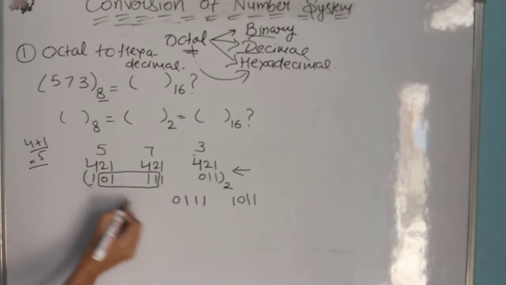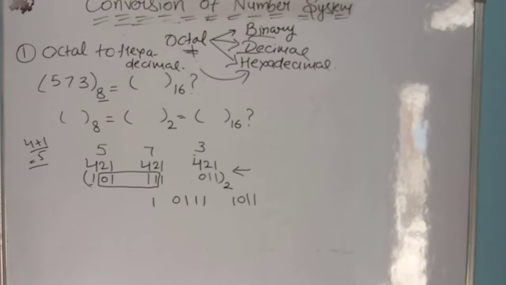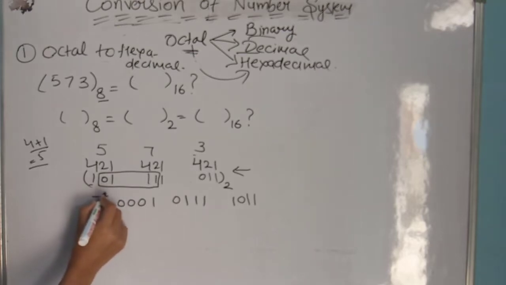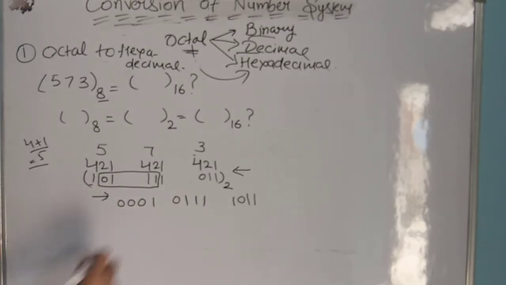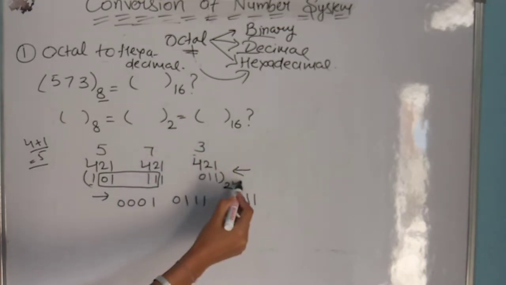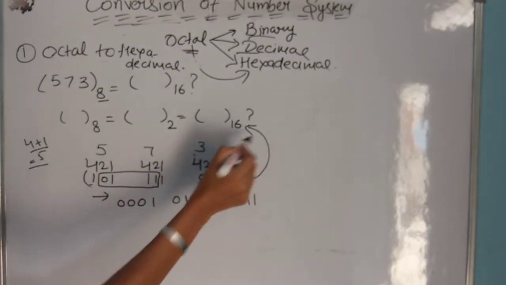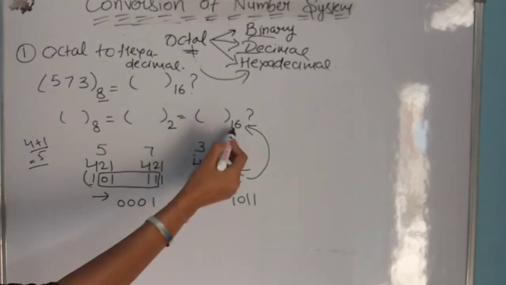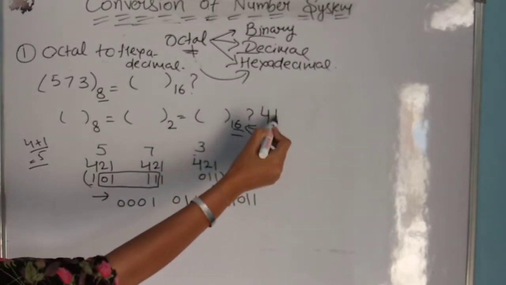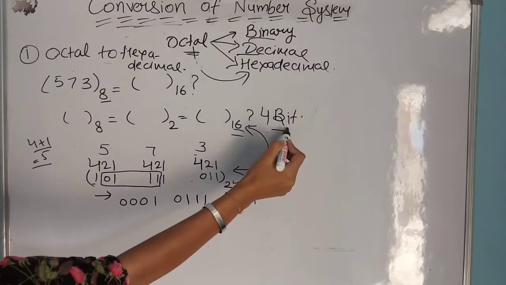Now the last group has only 1 digit, and we complete this group by inserting 3 zeros from its left side. Okay, so now apply the 8421 code, because this is a binary number and we want to change it into a hexadecimal, and hexadecimal uses a 4-bit code.